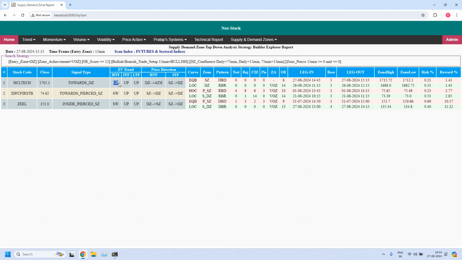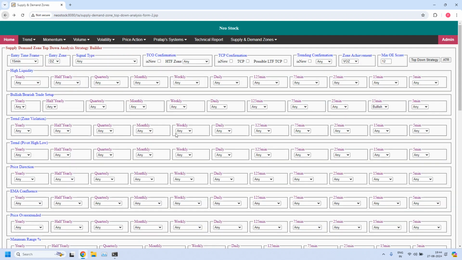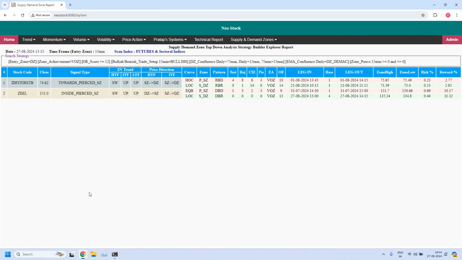One stock is uptrend. Let us check whether this is having any EMA confluence, daily EMA, HTF zone. Because already 15 minutes 75 are in confluence with the daily zone. So that's why the daily zone EMA confluence I am verifying. So in the EMA confluence in daily time frame, the daily zone is a HTF zone. Daily demand zone with daily EMA confluence. 2 are filtered, but both the trend is sideways.